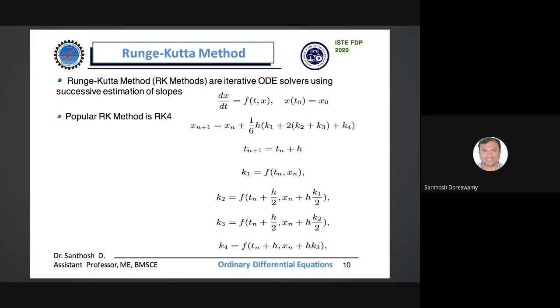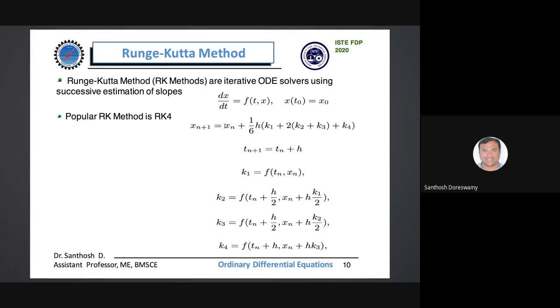Okay, so once you have this variation of time with respect to a constant step size, you can estimate the corresponding value xn plus 1 using the previous value of xn that is computed using the following RK4 formula that is given here as h by 6 times k1 plus 2 times k2 plus 2 times k3 plus k4.